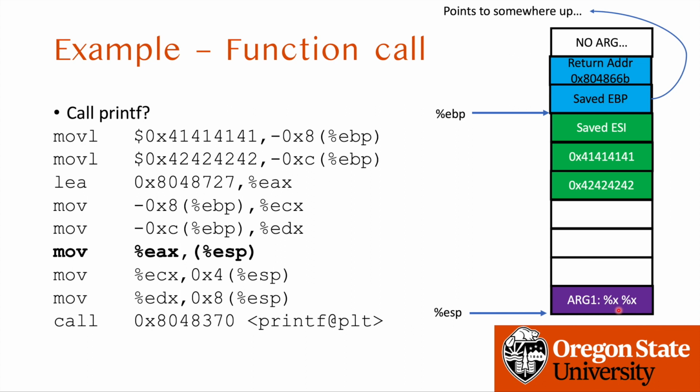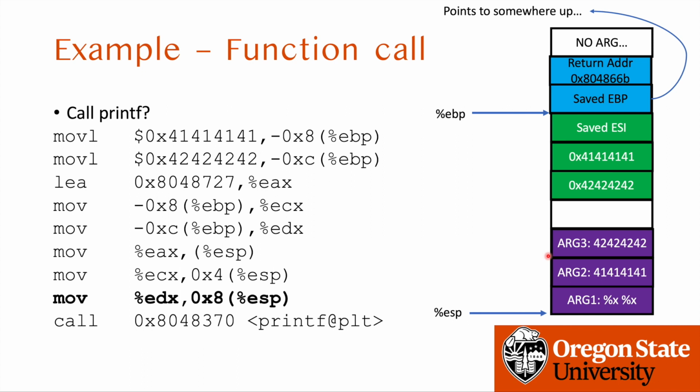Then the next instruction puts ECX at ESP plus 4. ECX comes from EBP minus 8, that's the 41414141, so we put that value at ESP plus 4 here. Then the third argument, EDX, comes from 42424242, so we put that value at ESP plus 8. And this is how we put the arguments on the stack.